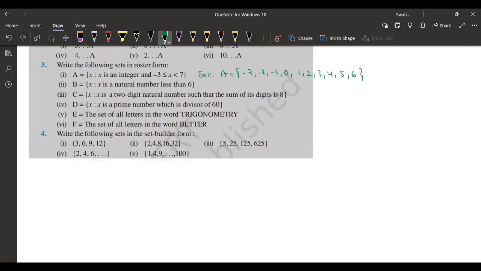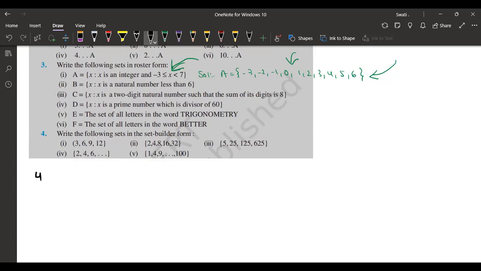This was the roster form. And what you can see here is given in the set builder form. So now what is going to happen? You will get this question and you need to find a general statement that will satisfy all the values written inside the set. So you have to write it in this form, and this form is called the set builder form. It is more like a statement form. So you need to write some statement.